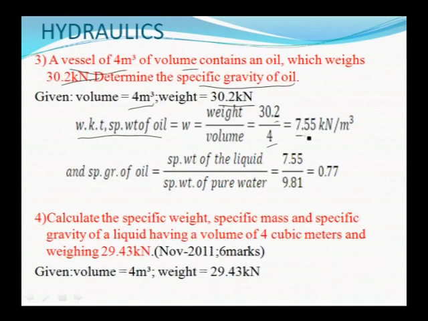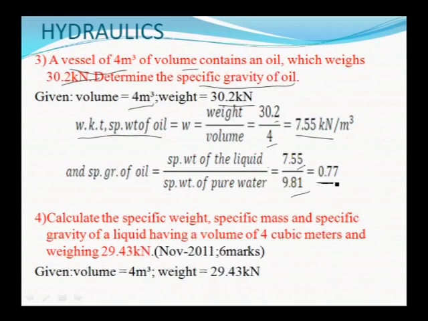So, you will get 7.55 kN per meter cube, and finally, the specific gravity of oil is equal to specific weight of the liquid over specific weight of pure water. Now, substitute the values. Specific weight of the liquid is equal to 7.55 and specific weight of pure water is 9.81, which is equal to 0.77. This is the answer.